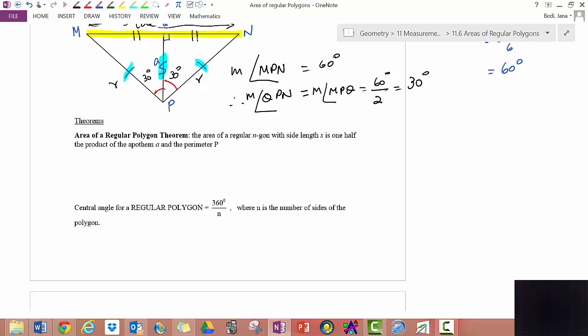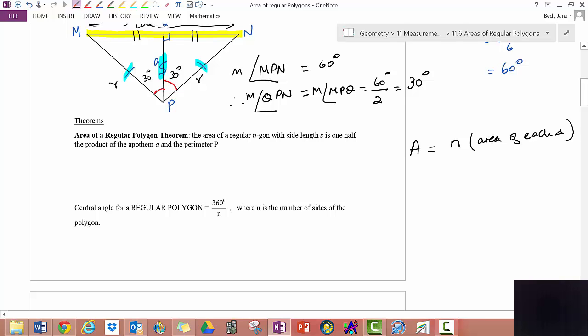So what is the area of a regular polygon? Think about it. There are as many triangles as there are sides in a polygon. So the area of a regular polygon is going to be n, which is the number of triangles, times the area of each triangle.